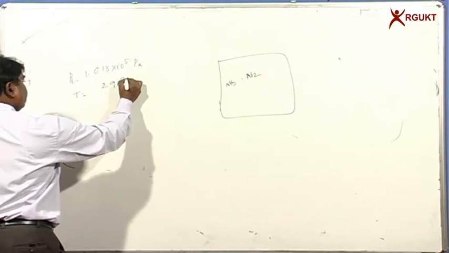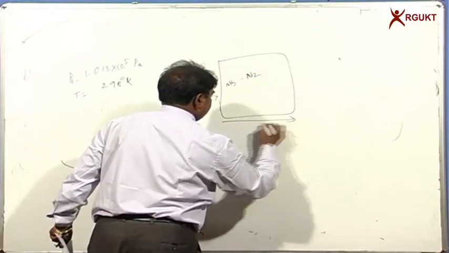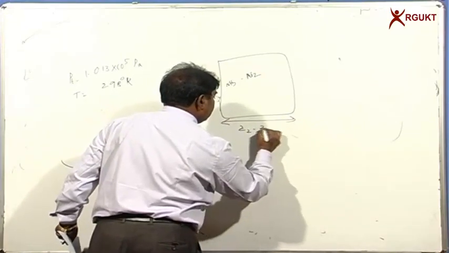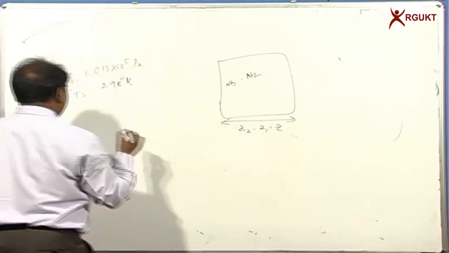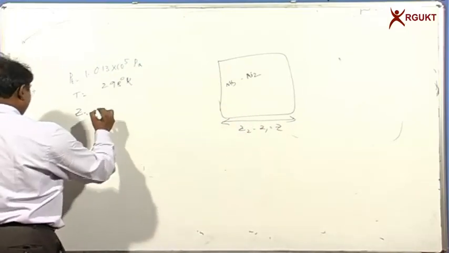The diffusion path is Z2 minus Z1, that is equal to Z, where Z is equal to 0.15 meters.